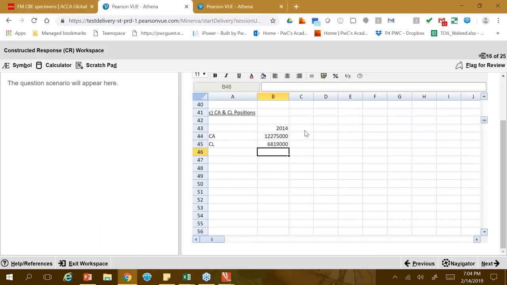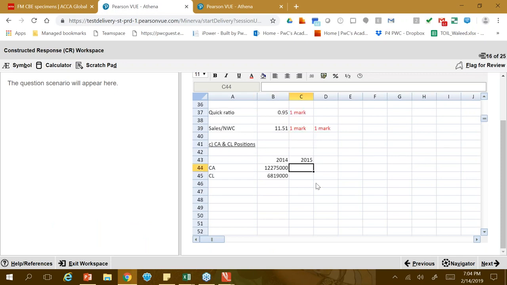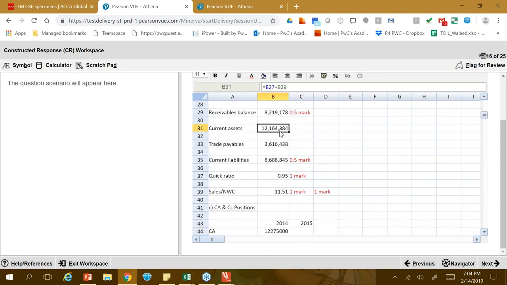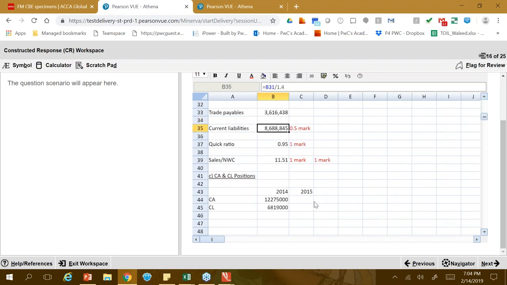This is what happened in 2014. In 2015, we already have the numbers with us. So current assets are here, which are in B31, and current liabilities are here in B35.